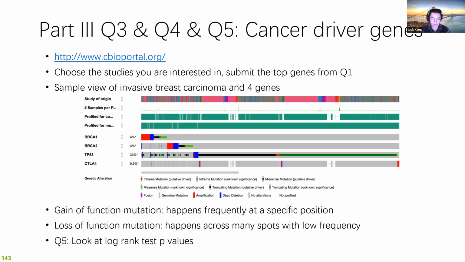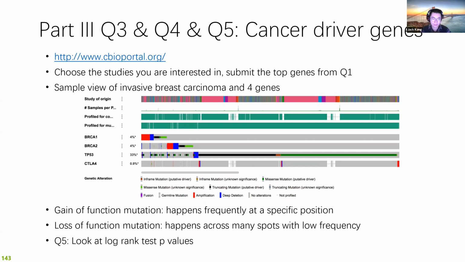A loss of function mutation could happen at many places of the gene body, at very random positions in the protein, and this change will very likely lead to loss of function of the protein product. So a loss of function mutation may happen across many spots with low frequency.